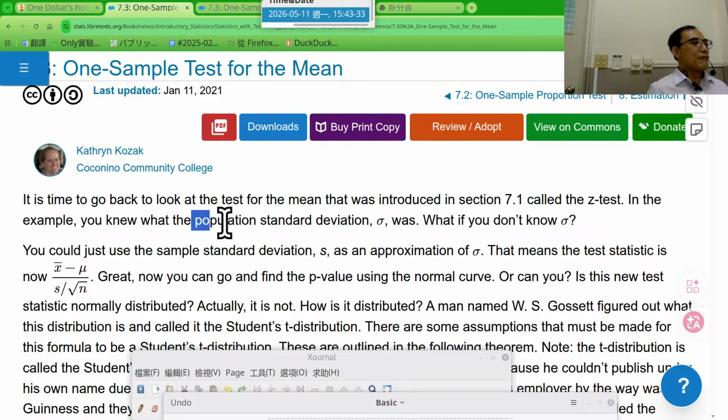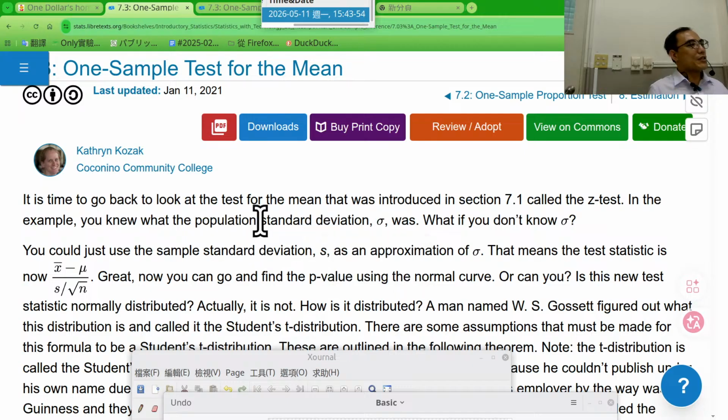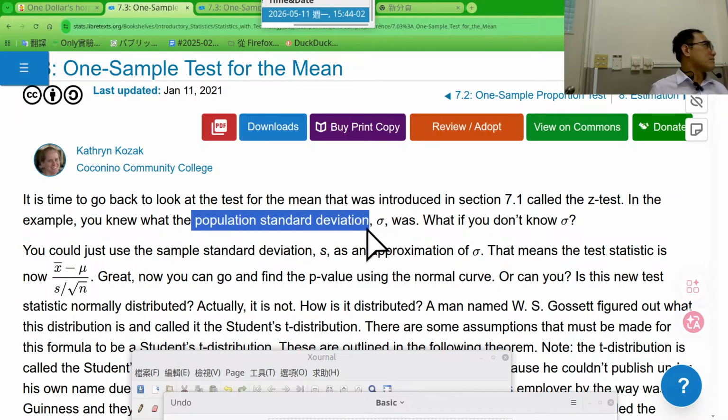Again, if we have enough money, labor, and time, we can find the population standard deviation. But in most cases, we don't have money, labor, or time. Thus, we use a sampling plan. We use the sample standard deviation instead to estimate the population standard deviation.